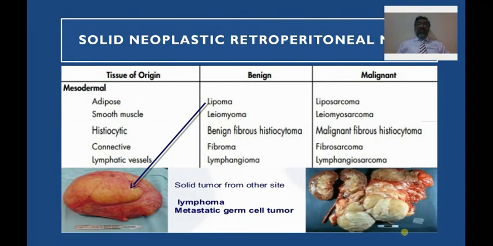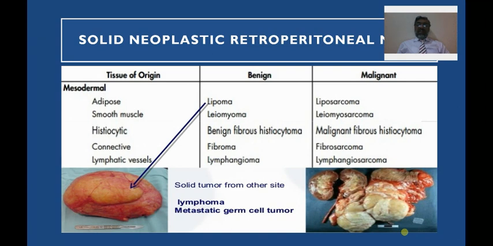Solid retroperitoneal neoplasms can be divided as benign and malignant, and depending upon the tissue of origin, these can be from adipose tissue, smooth muscle tissue, histiocytes, connective tissue, or lymphatic vessels.